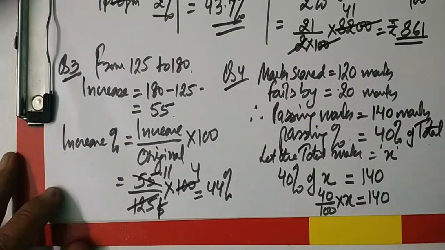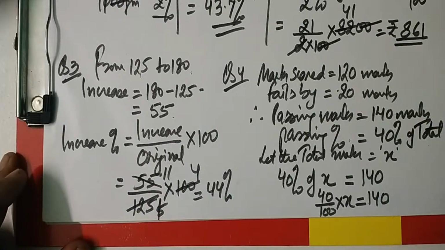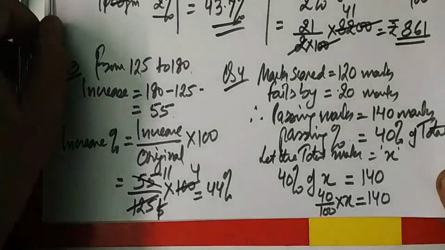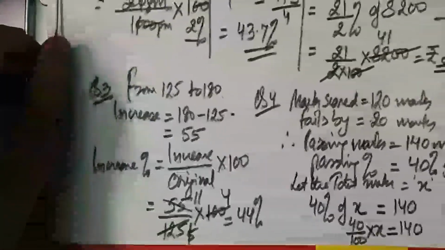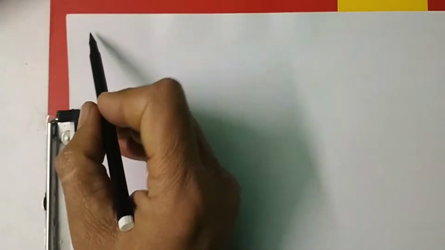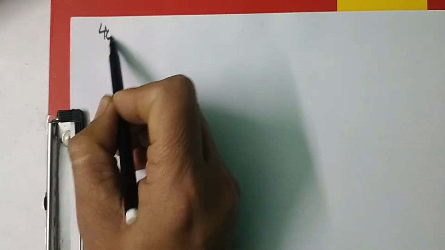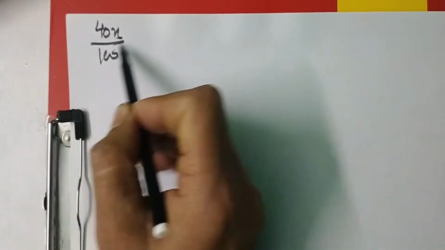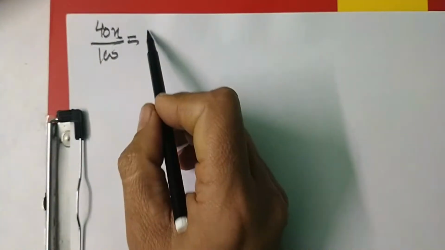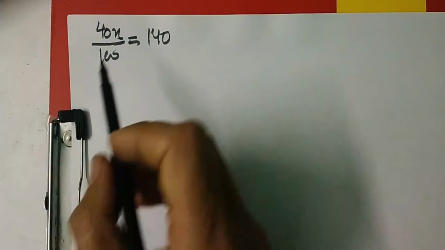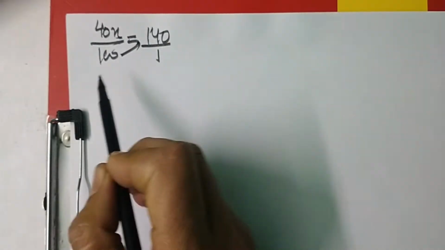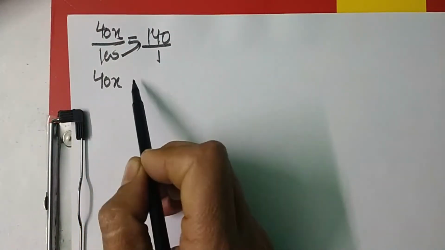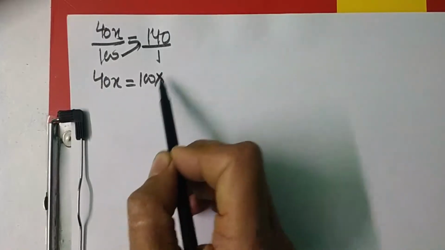Now solve to get x. It will be cross multiplied. When you cross multiply, the equation becomes 40x is equal to 100 into 140.